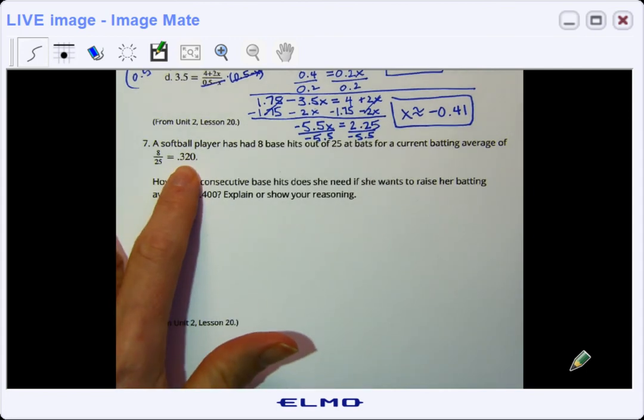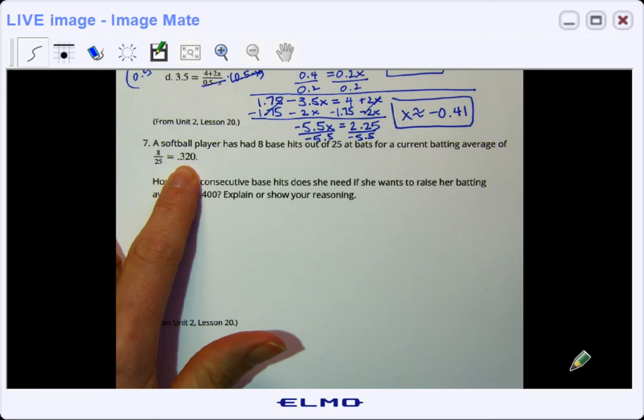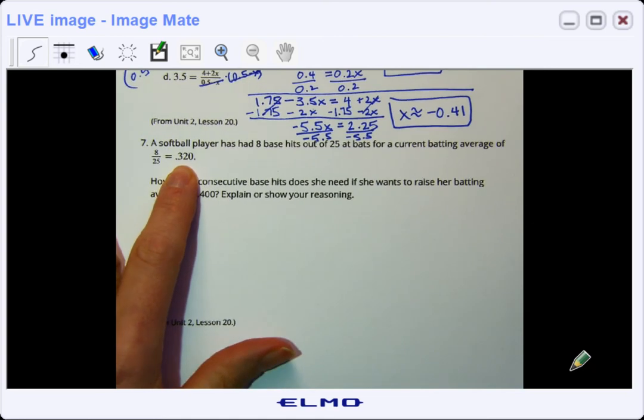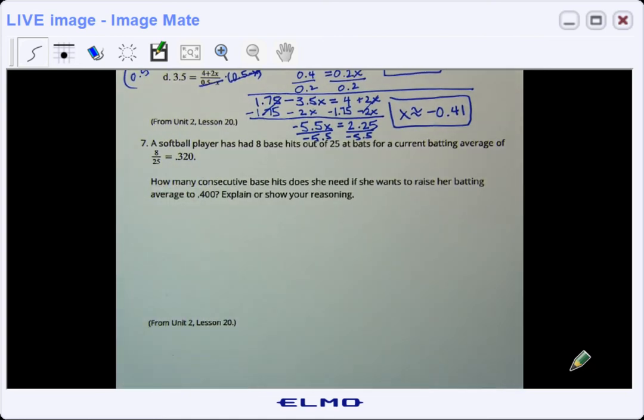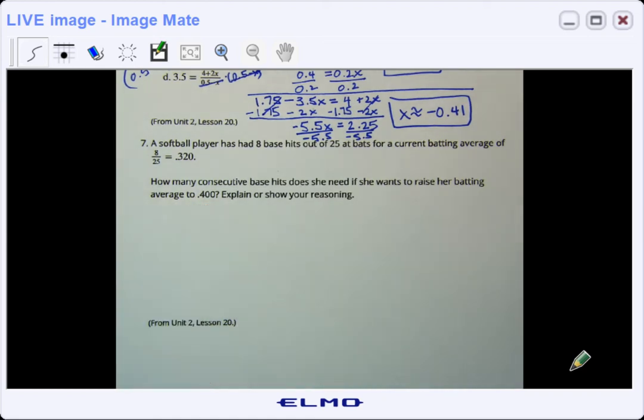So I think you would hear someone say that she's batting 320, so 0.320, okay? How many consecutive base hits does she need if she wants to raise her batting average to 400? So 0.400 as a batting average is referred to as 400.